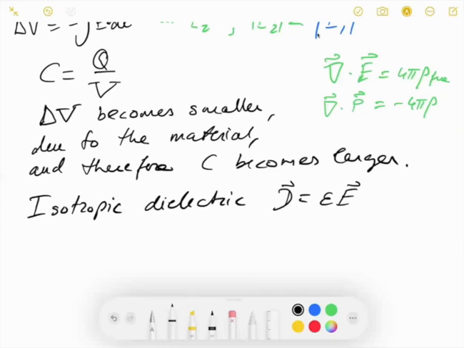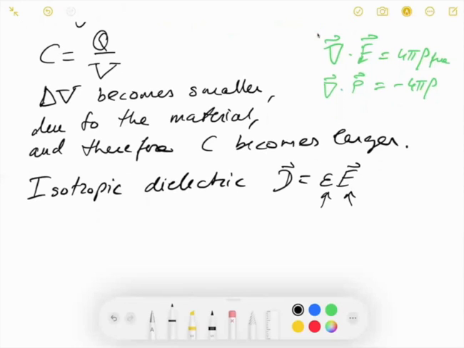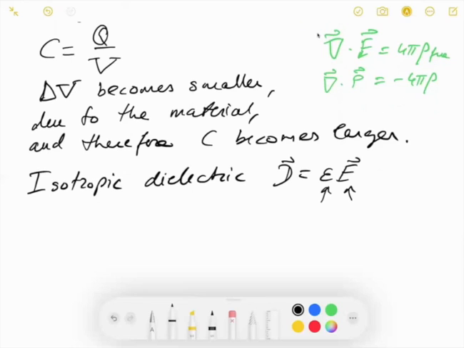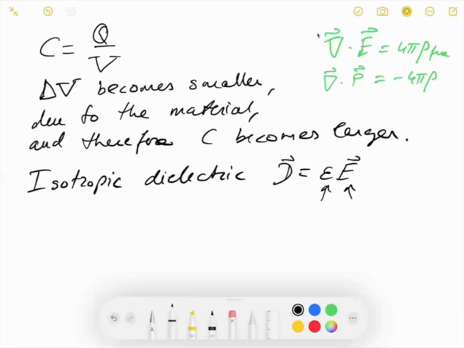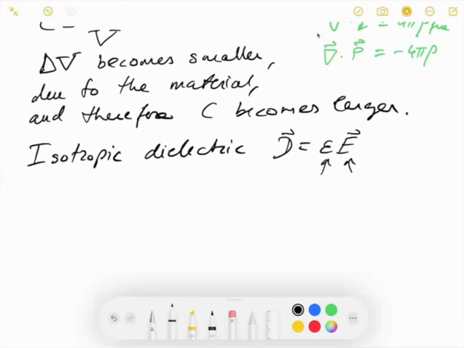So you can find P in terms of this epsilon. It's just a different way of formulating the way that materials respond. And that epsilon is your relative dielectric constant.